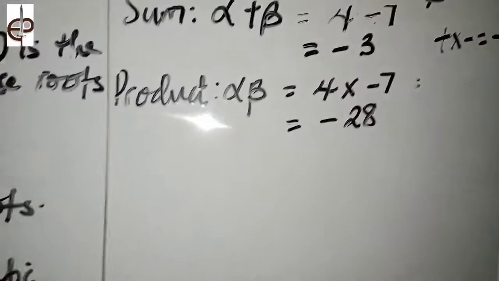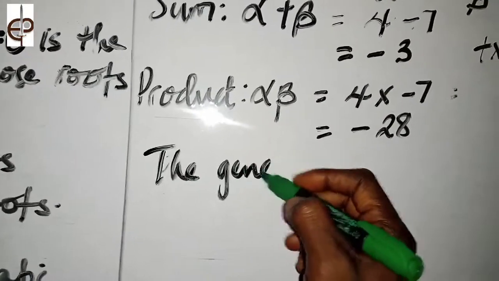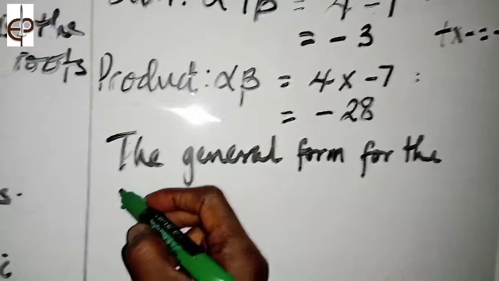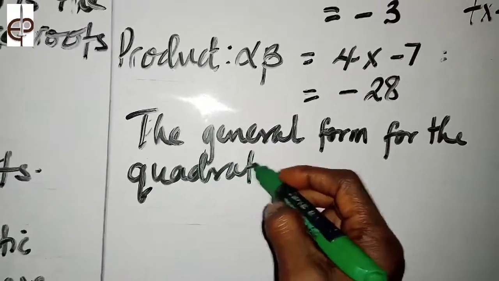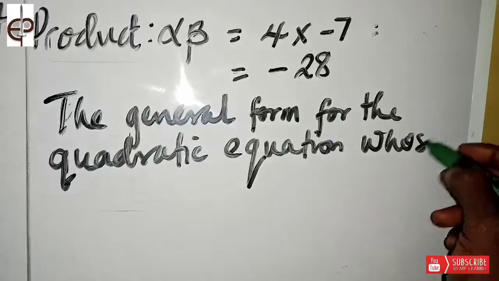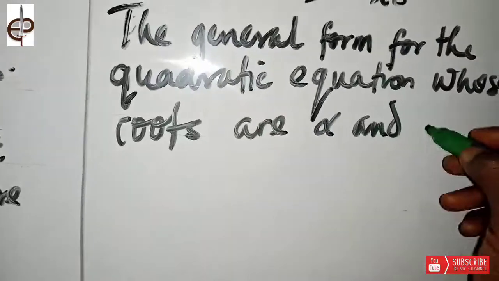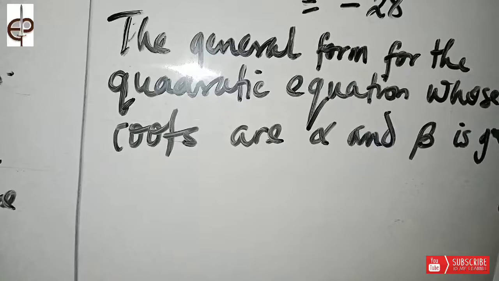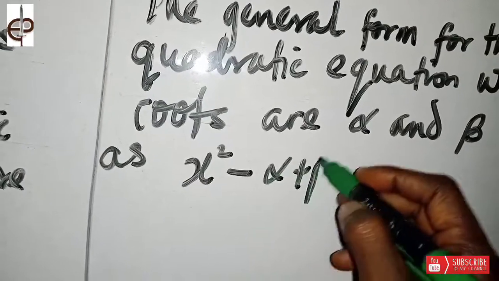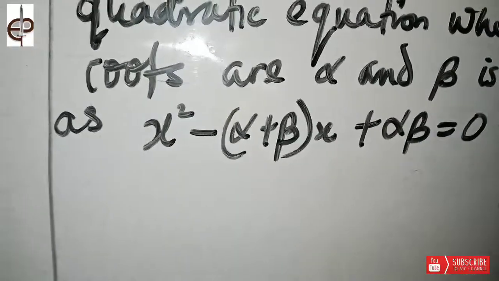Now we are going to put it in the general form for the quadratic equation whose roots are alpha and beta, which is given as x squared minus (alpha plus beta), put in bracket, times x, plus the product, equal to 0.